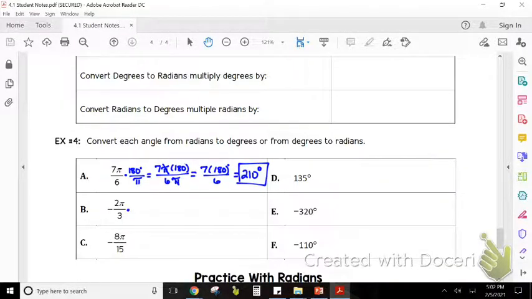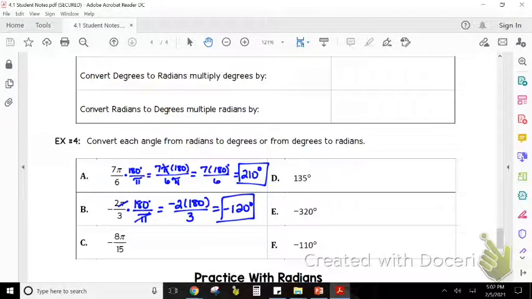B, we're going to degrees, so we multiply times 180 over pi. This time, instead of rewriting it, I'm just going to let my pi's cancel. So I'm left with negative 2 times 180 degrees all over 3. Now remember, the negative can go with the 2 or the 3. It's one or the other, but not both. When I work this one out, I get negative 120 degrees.